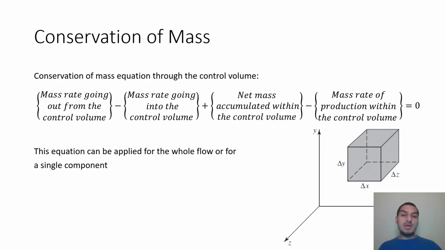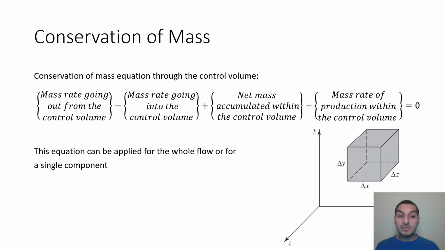So what we do is we assume that we have a very, very small volume, a differential volume like the one we see here, so small that we assume the concentration, or the parameter, inside this cube is homogeneous.